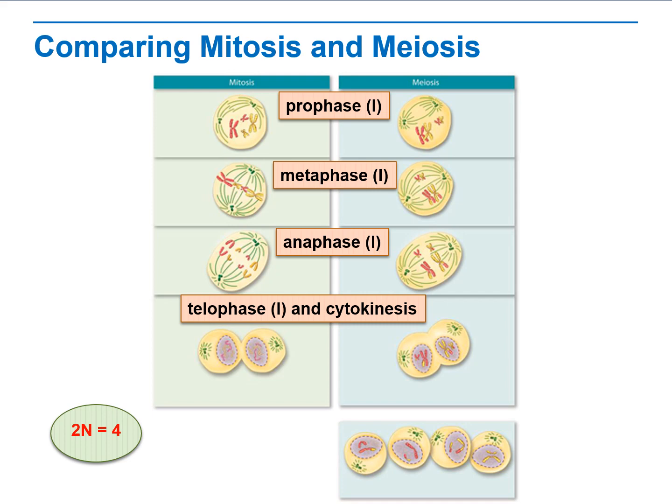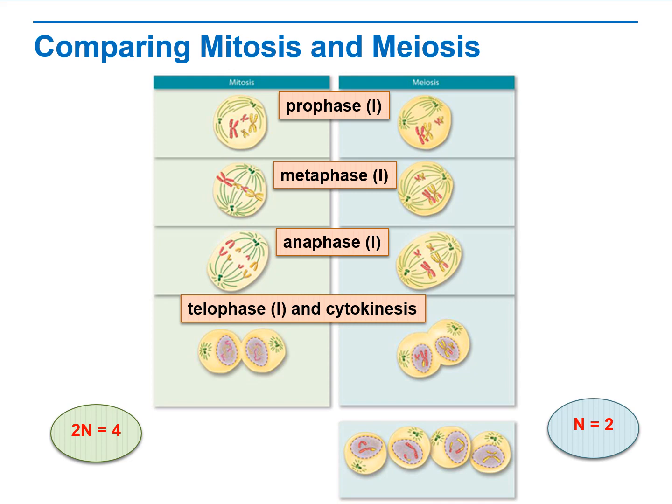In mitosis, you end up with a 2N cell, a diploid cell. Well, actually, two diploid cells from one diploid cell. And in meiosis, you end up with four haploid cells where you started out with one diploid cell.